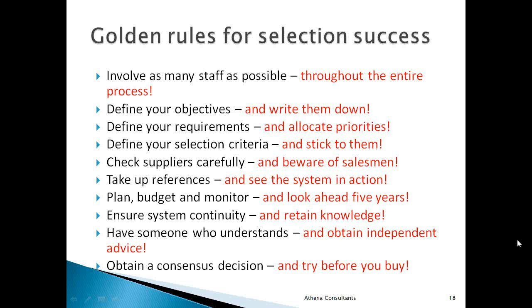I get people to allocate priorities as to mandatory, desirable, luxury, and future, and they are very important when you come to choosing your final system, because you can soon see who does what and who's going to do what in the future, and who does the things that you want to do in the future, and you can soon start sorting out which is the best system for you from that.